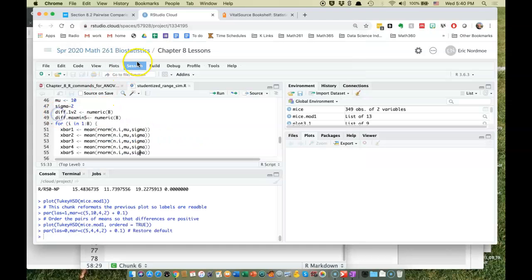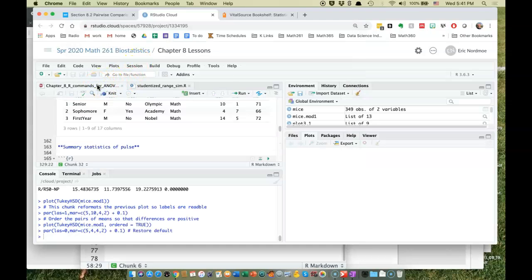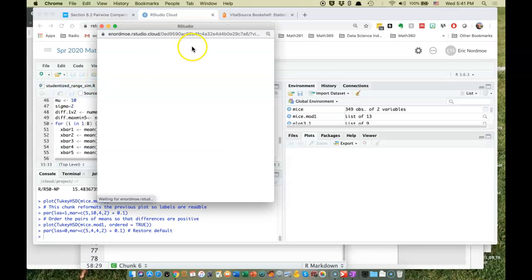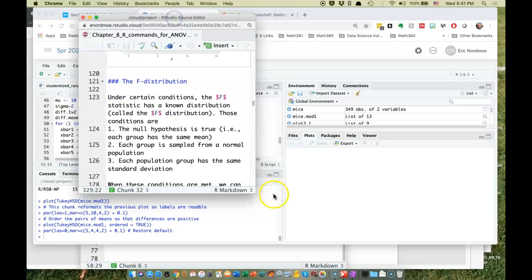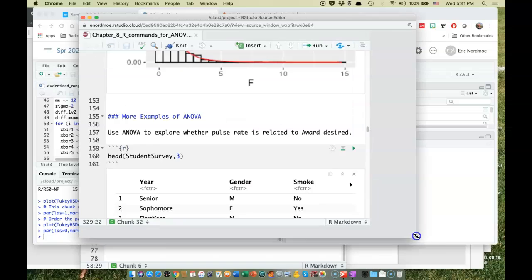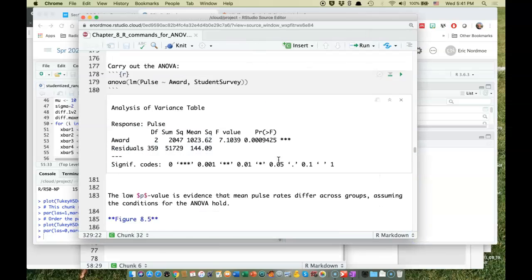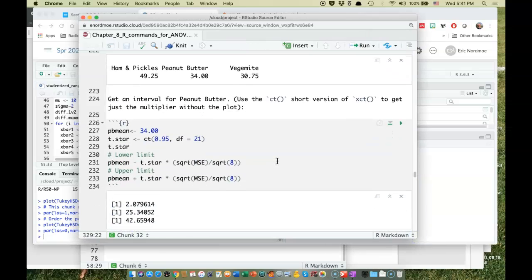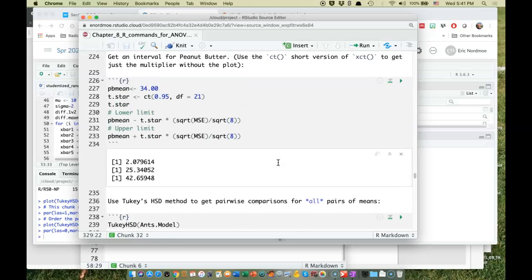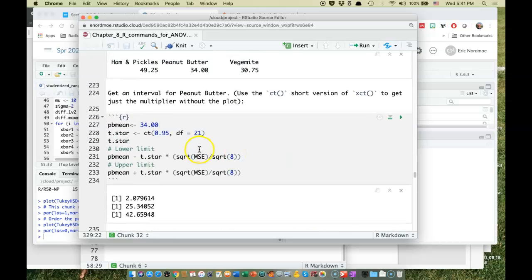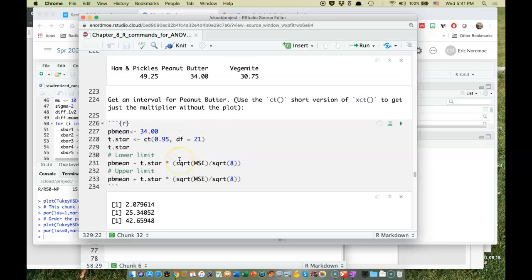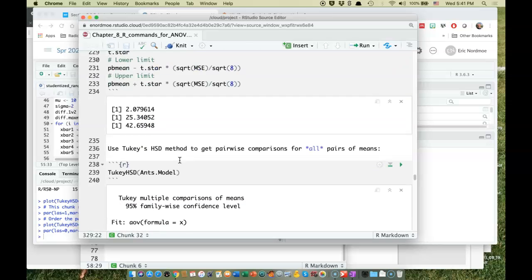All right, now also remember I had the R commands handout, so make sure you have a look at that as well. In this section, I looked at another example there for how to do some of these procedures with the ANTS data, and I worked out some using the T-star, using the specific commands.